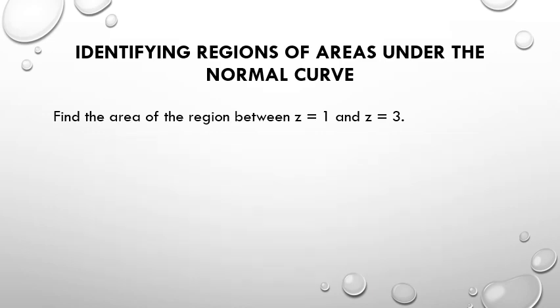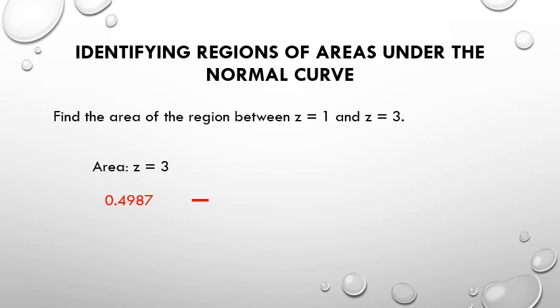So, let us now find the area between z equals 1 and z equals 3. So, assuming ha, nga master na mo mangita sa area sa z value dito sa atong z table. So, let us have the area of z equals 3. Kung inyong pangitaan dito sa z table, that is 0.4987.